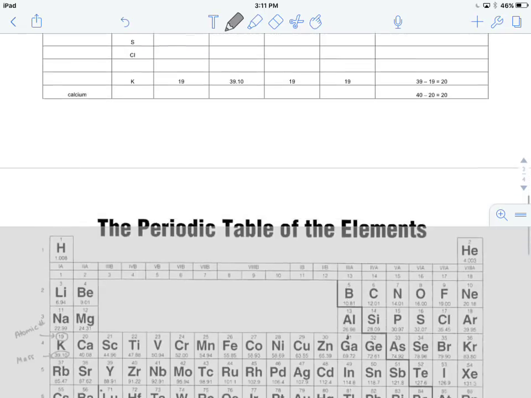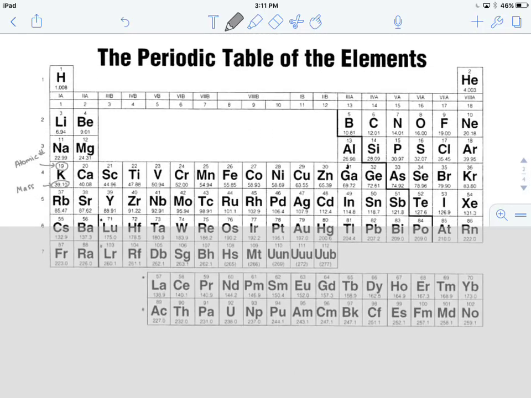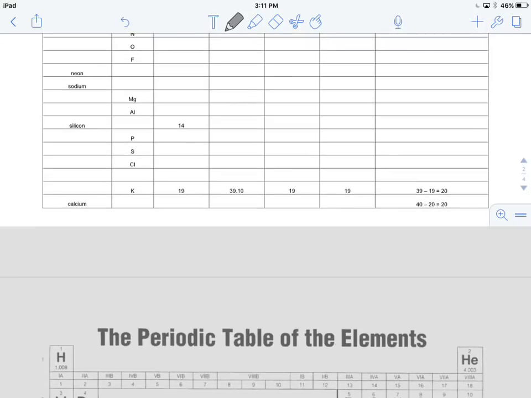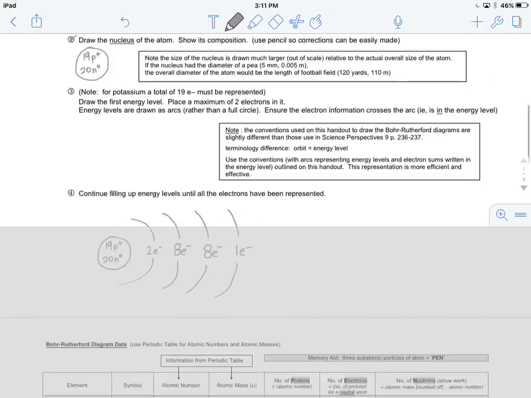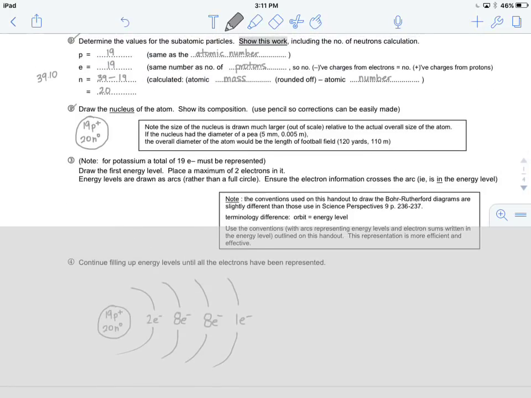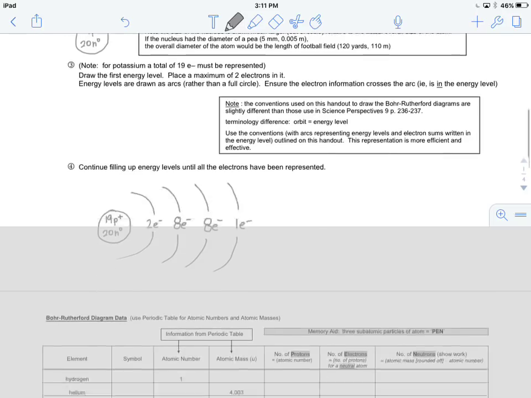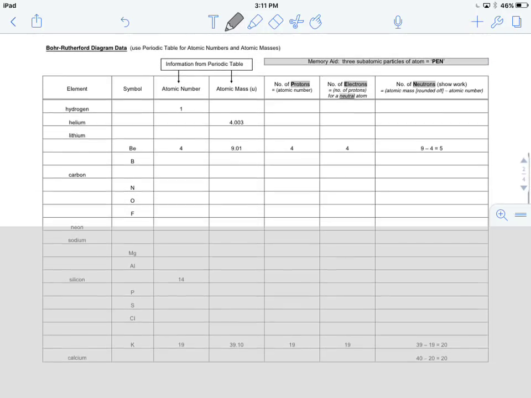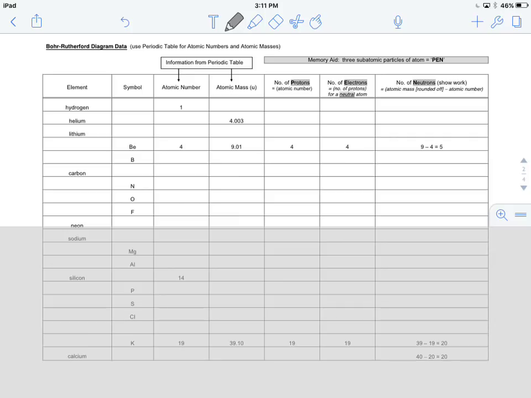Use your periodic table and make your way through this sheet. That satisfies step number 1 for all of the ones that you have to do. Then you're going to draw the nucleus, and you're going to start filling energy levels, and that should take you the rest of the period. So this is the work that we're doing today. Now that you've seen the lesson, good luck.